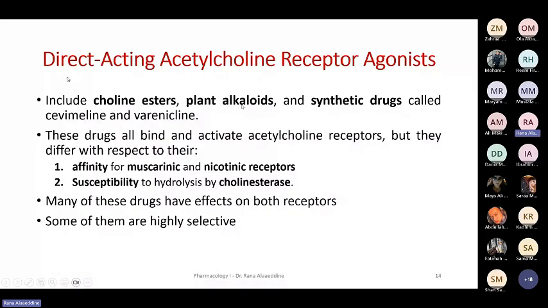Guys, do you remember what we said previously? Which one do we want and which one do we want to avoid, muscarinic or nicotinic? What do you think? Anyone?